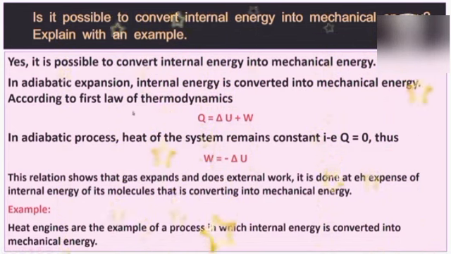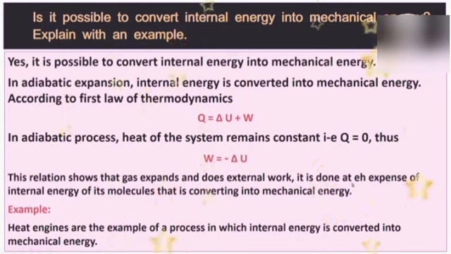According to the first law of thermodynamics, Q is equal to delta U plus W. In an adiabatic process, heat of the system remains constant, that is, Q is always 0. Thus, W is equal to minus delta U. This relation shows that the gas expands and does external work.